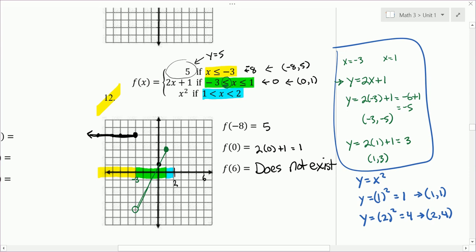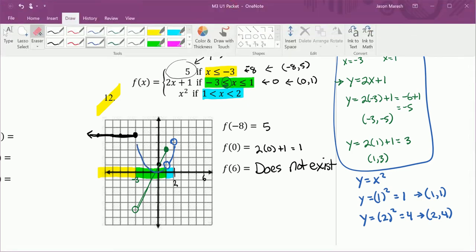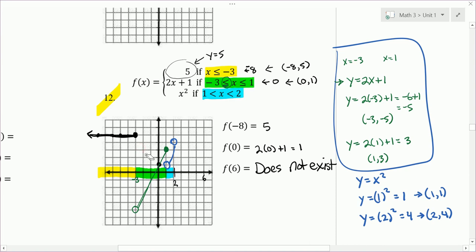So 1, 1, open circle there. 2, 4, open circle there. And remember, this is a parabola. There it is. If we continued it, I'll erase this part, it would look like this. Vertex would be at 0, 0, but we don't want that graphed in that region, just the piece that I graphed. And we did it.